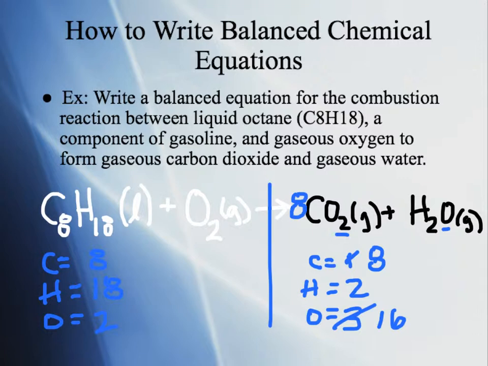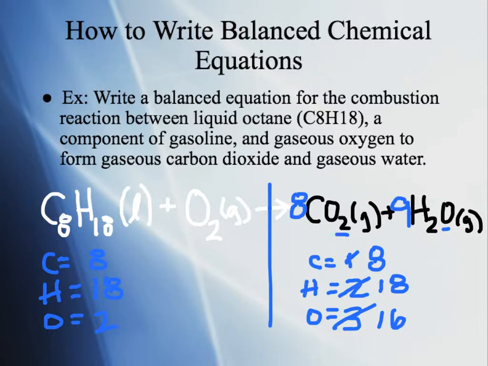Let's take a look at hydrogen. There are 18 on the left, and right now we only have 2 hydrogens on the right. So 2 times what equals 18? That would be 9, so let's put a 9 out front here. Now we have 18 hydrogens on the right, which matches the 18 on the left.